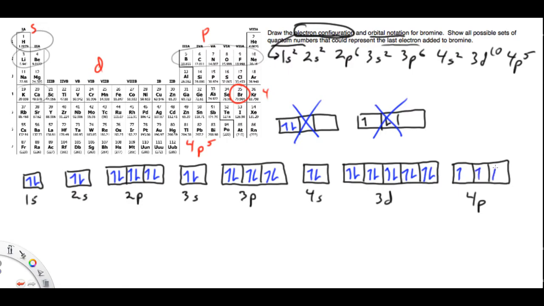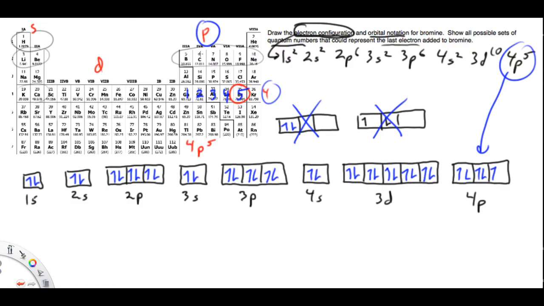Sorry, confusing myself here. So this is going to be 4p5. So it's got 7 electrons on the 4th level. Again, 4p has 5 electrons, because bromine is going to be 1, 2, 3, 4, 5 on the fourth level in the p block.